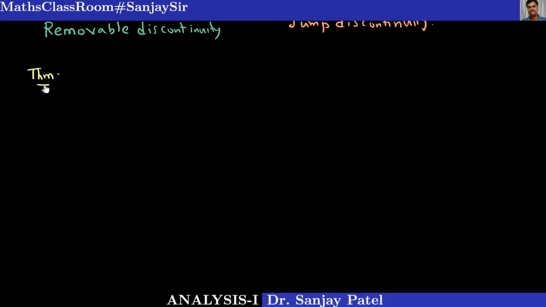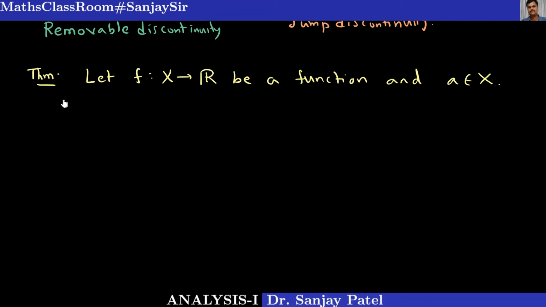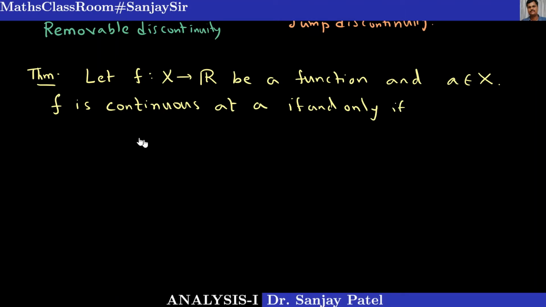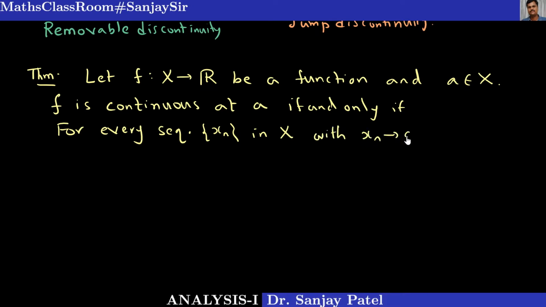Let f be a function from X to R and a belongs to X. Then f is continuous at the point a if and only if for every sequence xn in X with xn converging to a, we must have f(xn) converges to f(a).